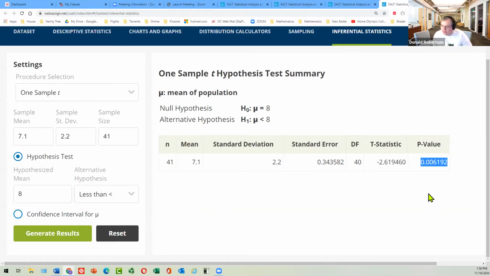Then I'm going into SALT, putting in all those numbers and finding the p-value. Once I know the p-value, I can tell if it's statistically significant or not. Every single question I've picked, by luck or design, has been statistically significant. Every single one of these p-values has been very small.